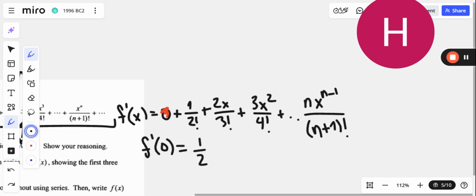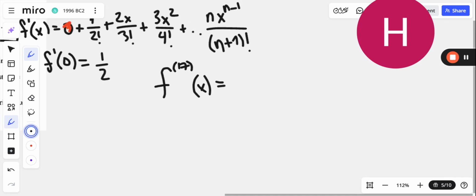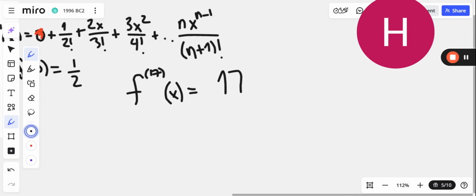And if each derivative multiplies the power forward, actually, I'm not going to put 17 primes, I'm just going to put 17. This is going to be 17 factorial, still over n plus 1 factorial, so still over 18 factorial.